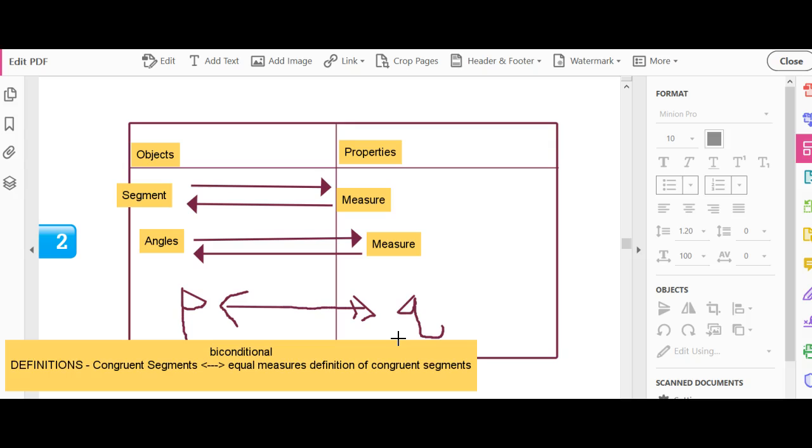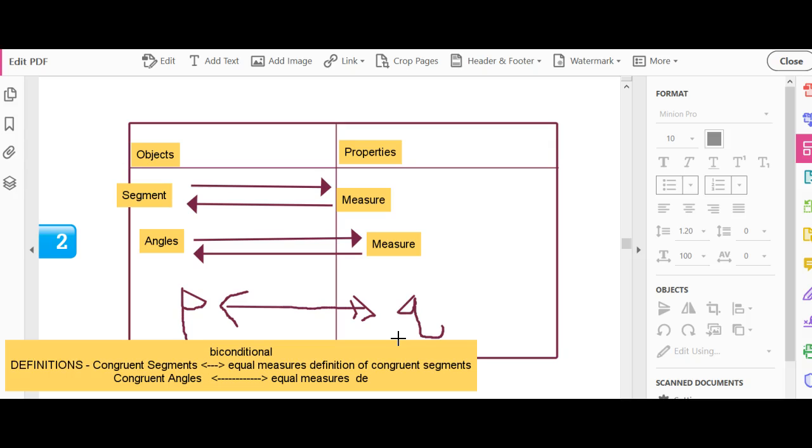Same thing with congruent angles and their measures; that would also be the definition.